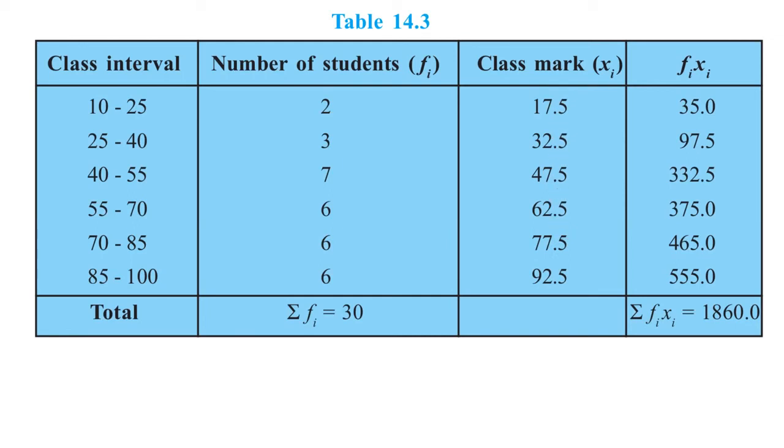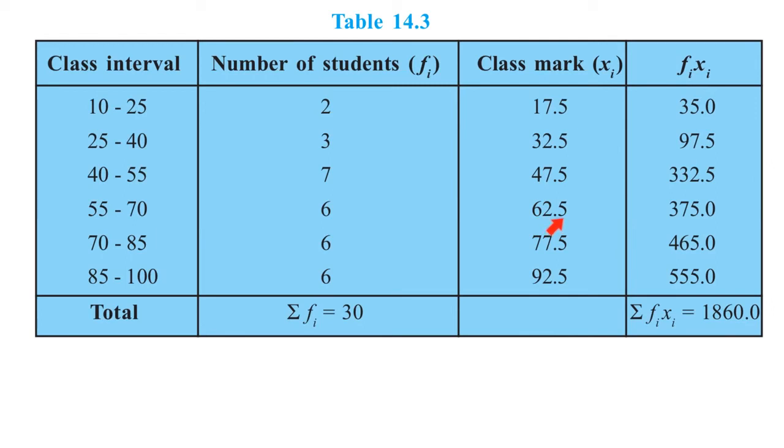Also, to further reduce our calculation work, we may take A to be that xi which lies in the center of these values. So we can choose A to be either 47.5 or 62.5.